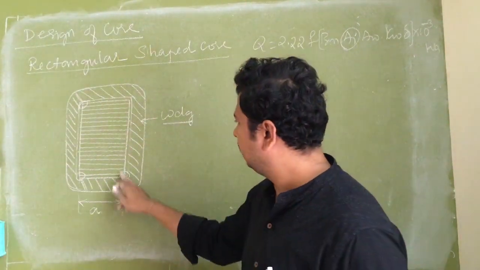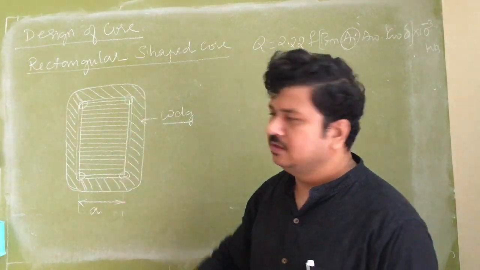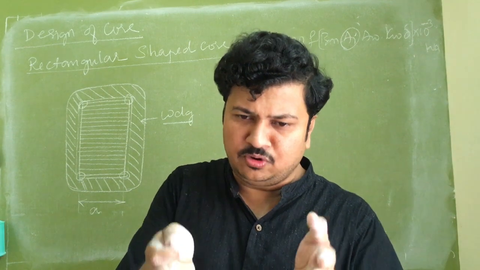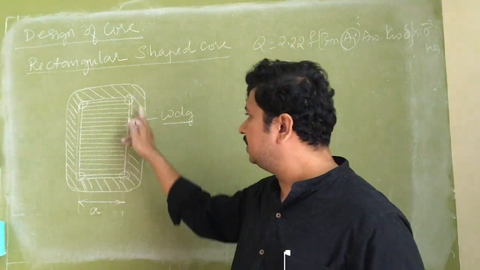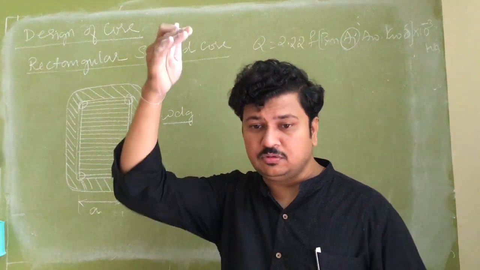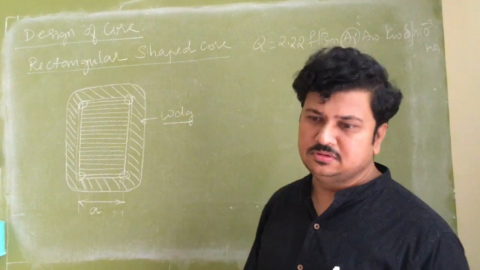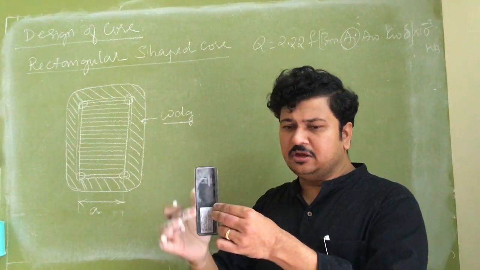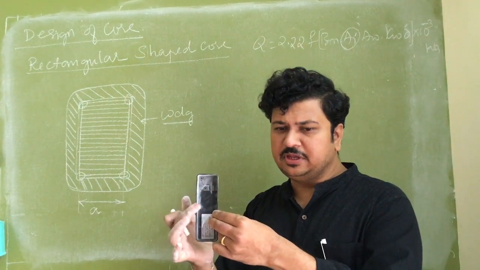At these 4 corners, the turns are placed very near to the core, and this is not only at the top, it will be throughout the height of the core.